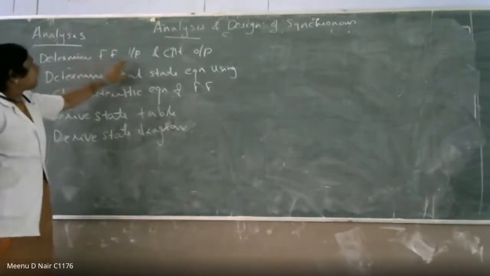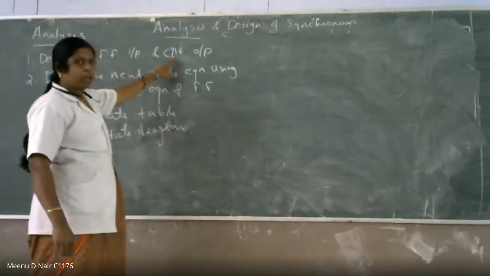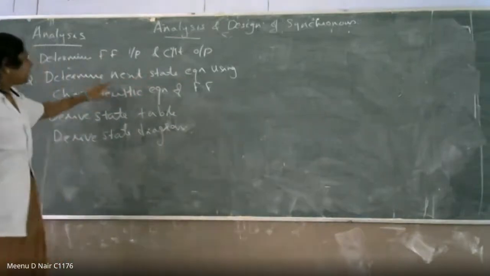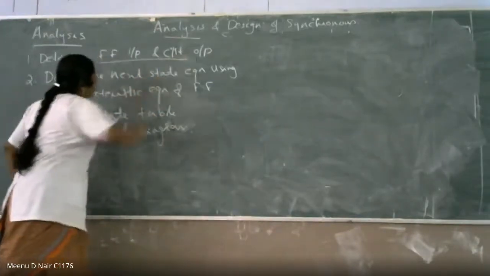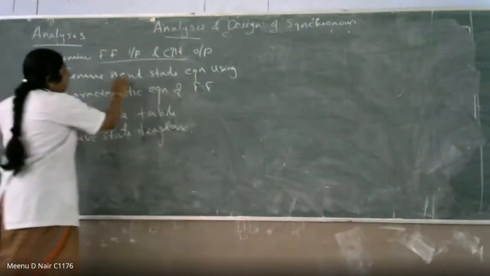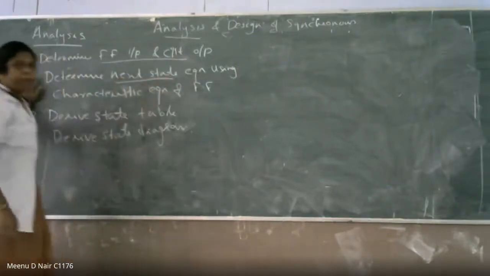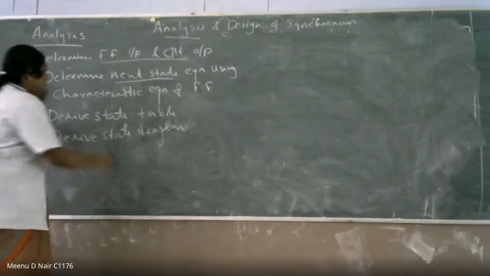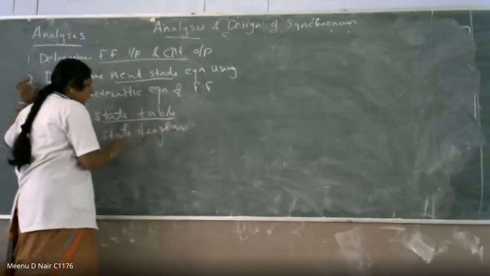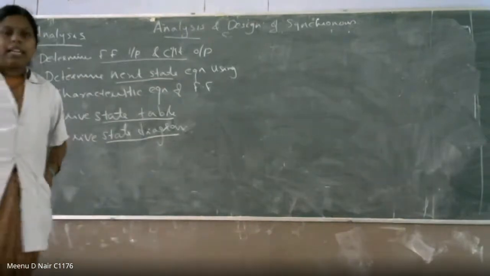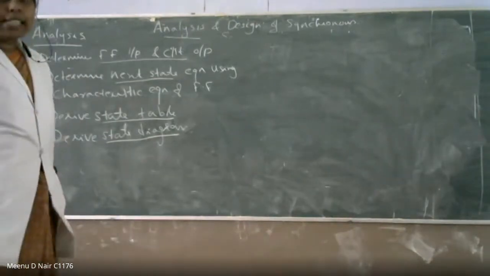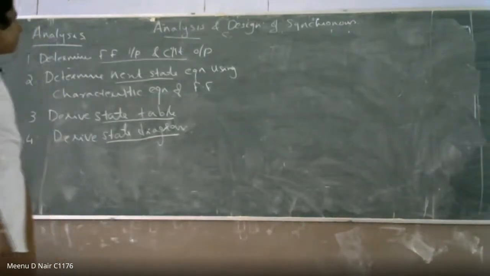First thing is determine the flip-flop input and circuit output. Second point is determine the next state. Here flip-flop input and circuit output, and here you have to find out the next state from the characteristic equation. Then you have to determine the state table and the state diagram. These are the analysis procedures of synchronous sequential circuits.